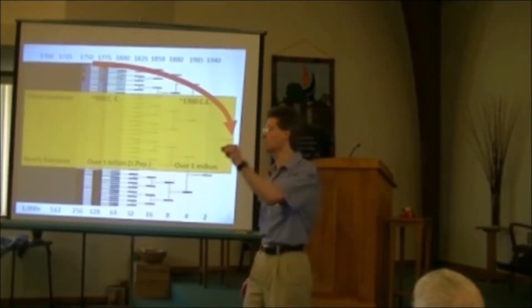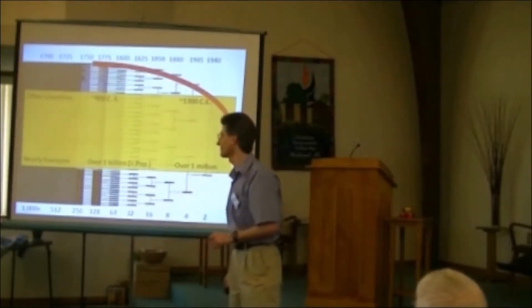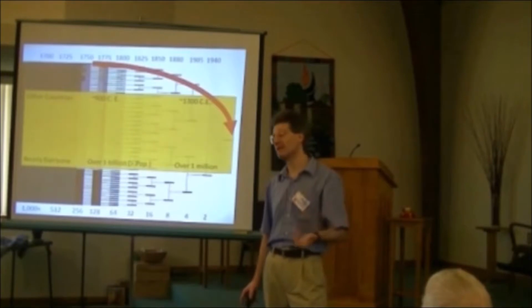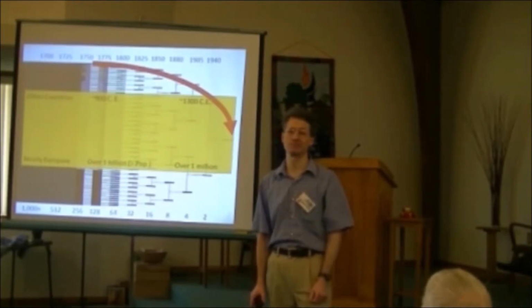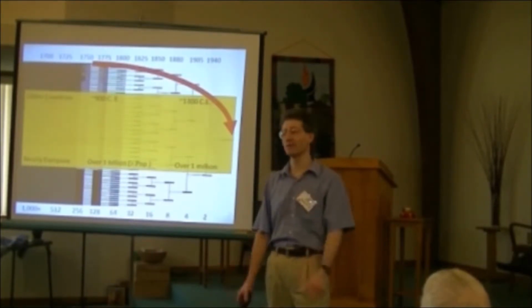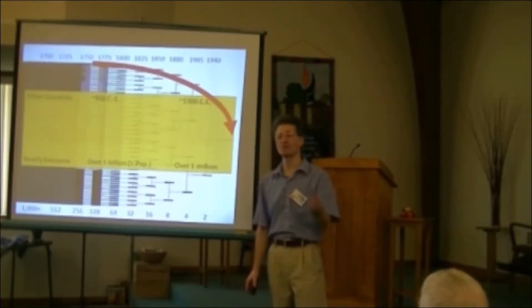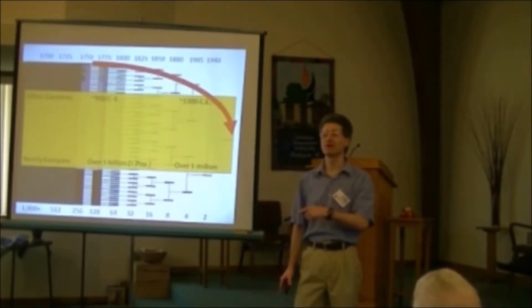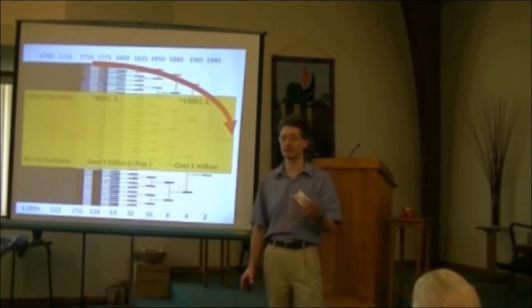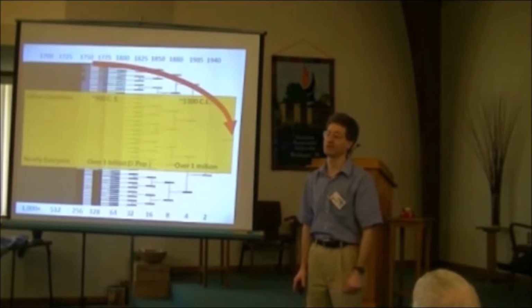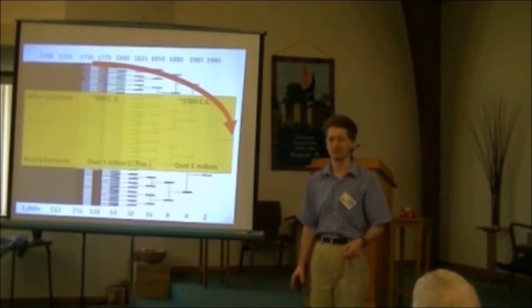If I pick one person out of the millions of ancestors I had 1,000 years ago, it's awfully likely that person's going to be a European. So it's not a surprise that it matches up. But because it's only one person, if by chance that person happens to be the thin line of my Native American ancestry or something like that, then all my mitochondrial DNA would be like that. So it doesn't really represent your overall ancestry.